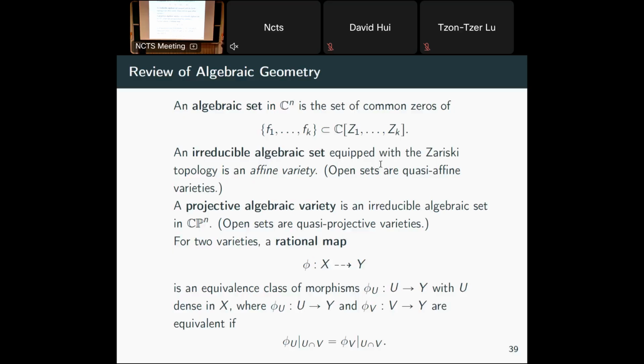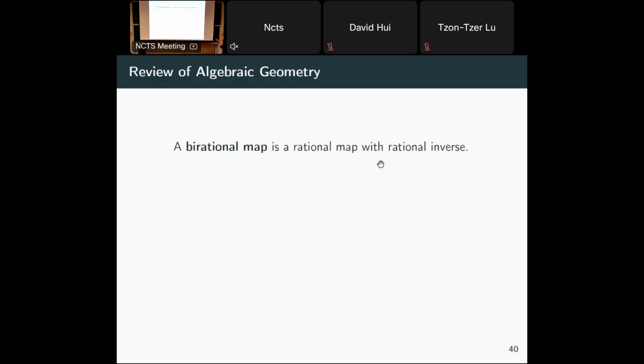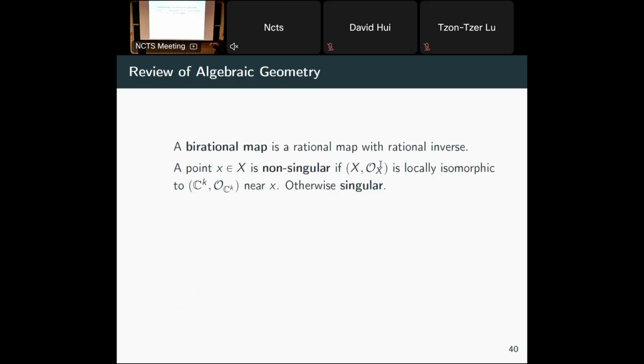Open sets are called quasi. You have the rational map, which is the equivalence class of maps from a dense open set of X to Y, where if they overlap in the intersection, we call that the equivalence relation. And then you have the birational map, which has a rational inverse.